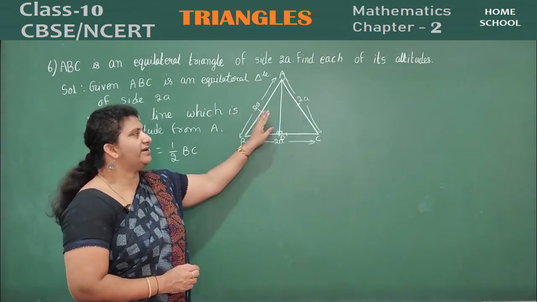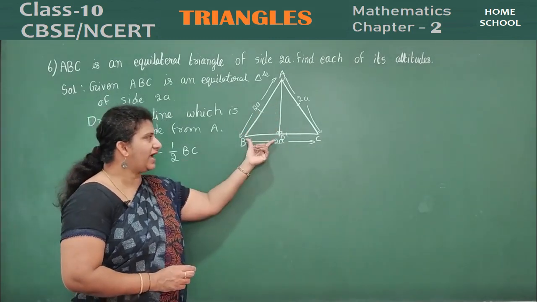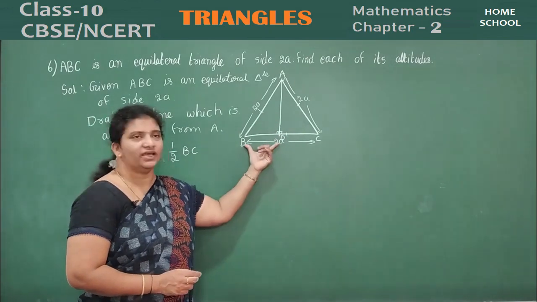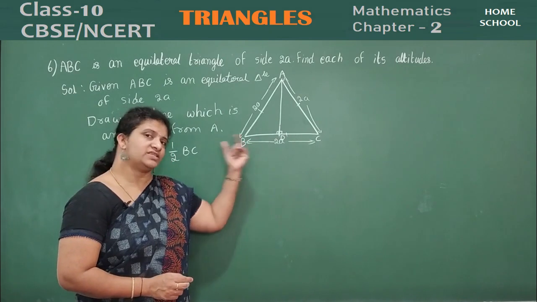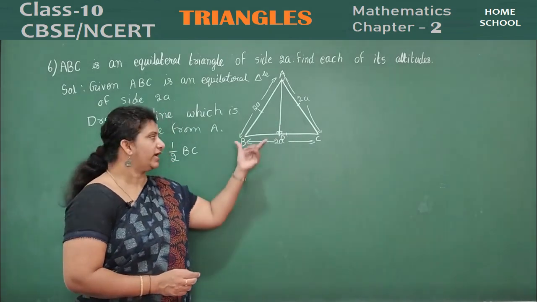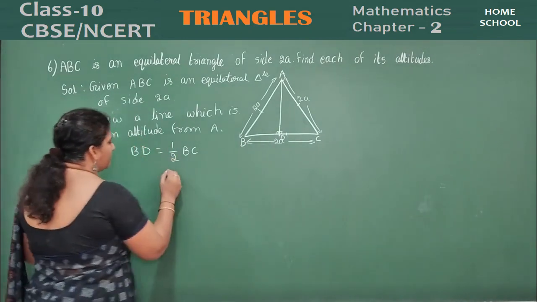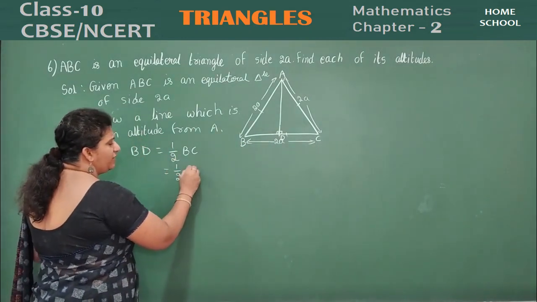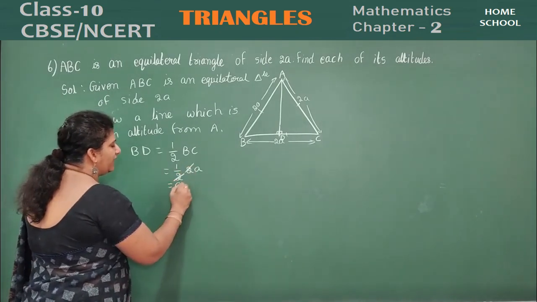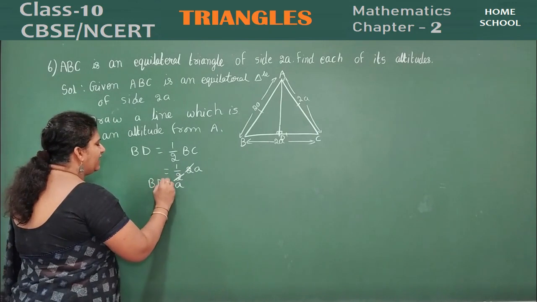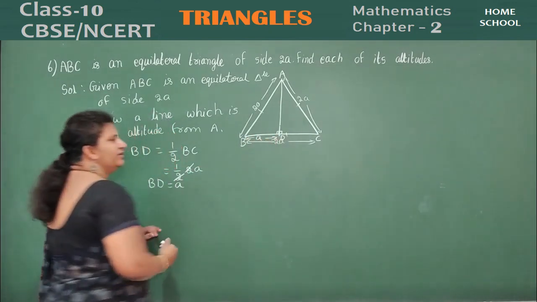I don't want the complete base. So if I need this triangle, I need the base part, that is BD. If I take the other, I need DC. So you confirm which triangle you are going to take, then you take according to that. BD is nothing but half of BC. What is BC? BC is 2A. 2 cancels, that will be A. What is BD length? BD length is A. Mark here BD length.